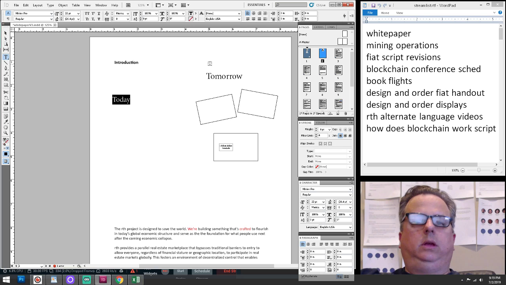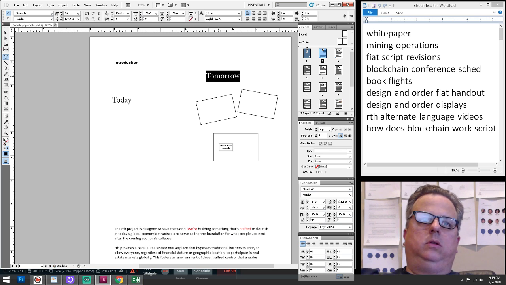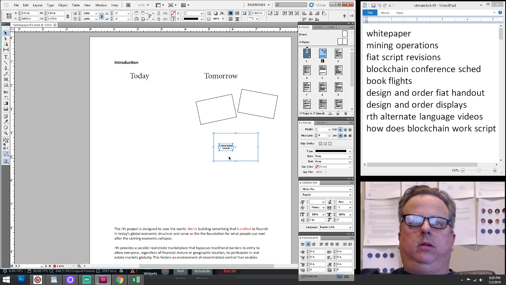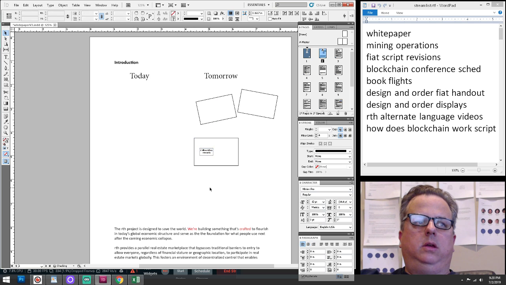What is this? 24? 24. This is not the right way to lay stuff out, but we're just going to go quick. So this is the tomorrow side.